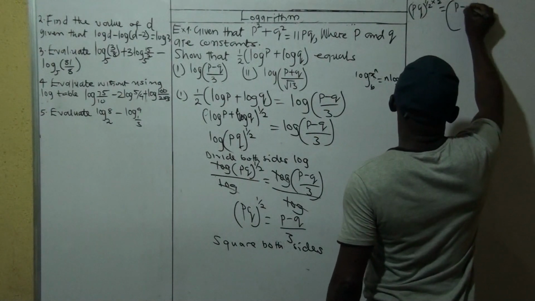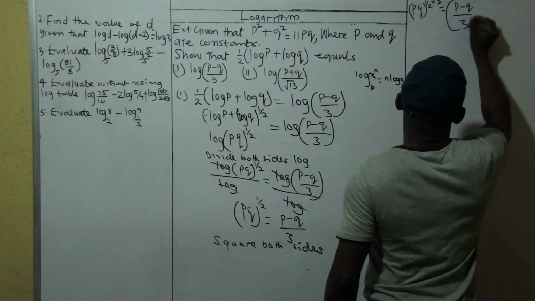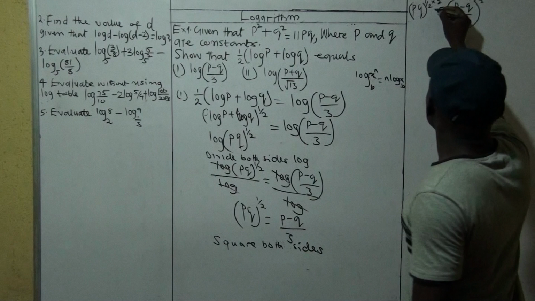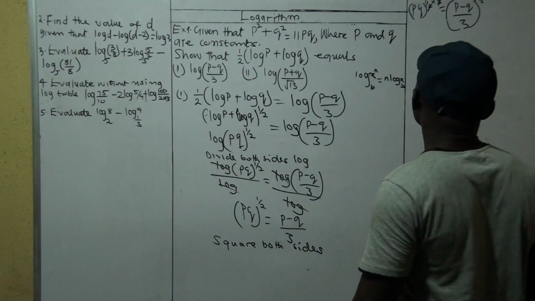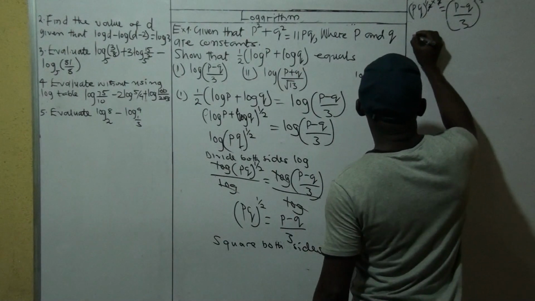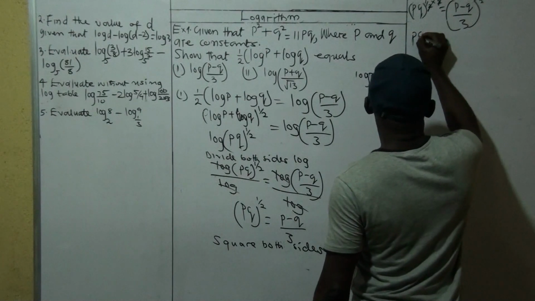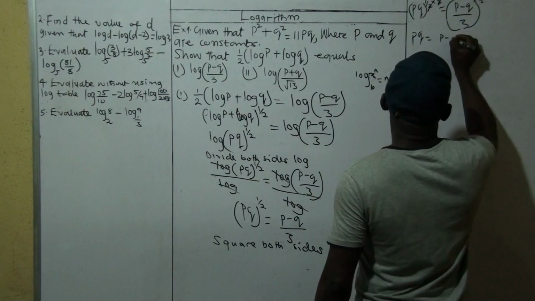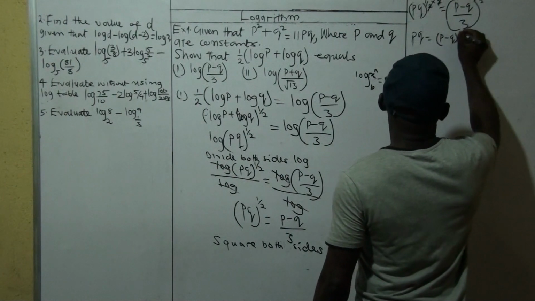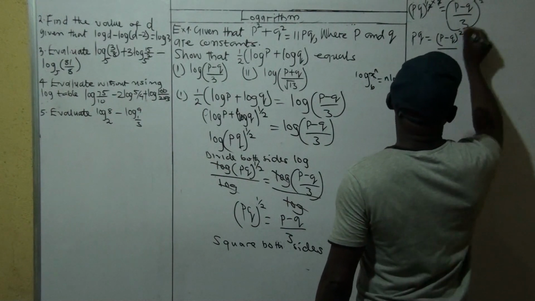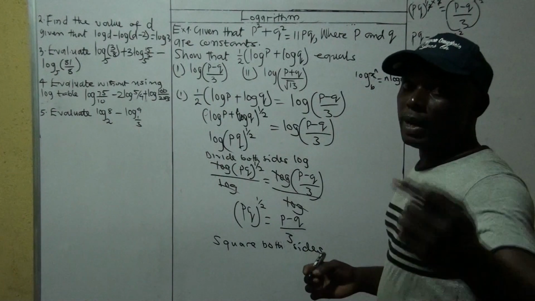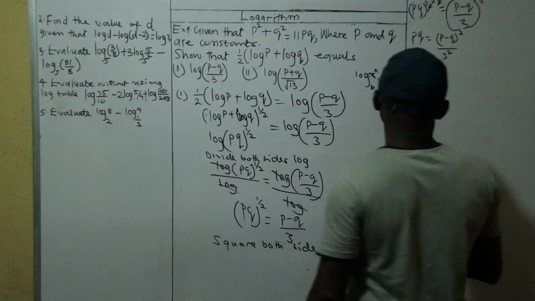Here we have p minus q all over 3 all squared. So we are doing it to both sides, so that this half will go with this 2, and here becomes pq is equal to p minus q all squared, and here we have 3 squared, and 3 squared is equivalent to 9.